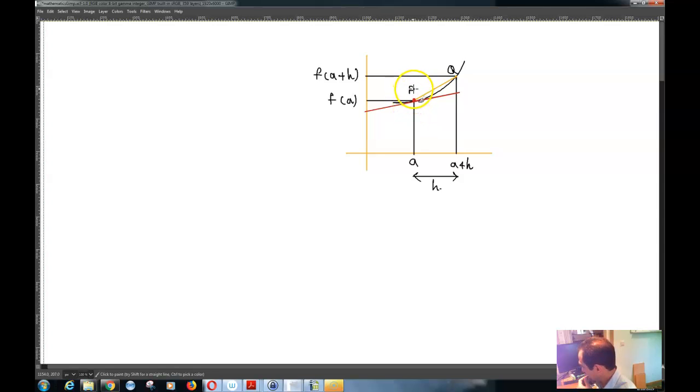Now, this line goes through the x-axis at an angle, and we call that angle psi. Of course the slope of this line is tan of psi. So tan of psi is equal to the slope of this line over here.